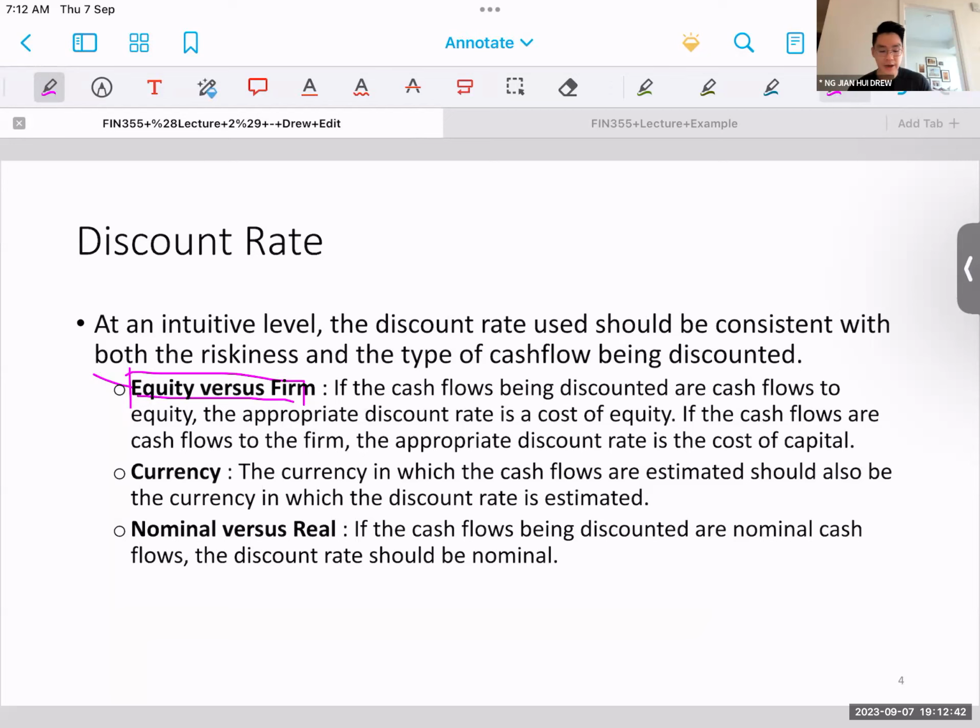Currency as well: we need to consider currency. It's about making sure that you use a consistent currency for your valuation of the particular firm. If you're using USD, make sure you use USD for everything. Nominal versus real, we have talked about this.